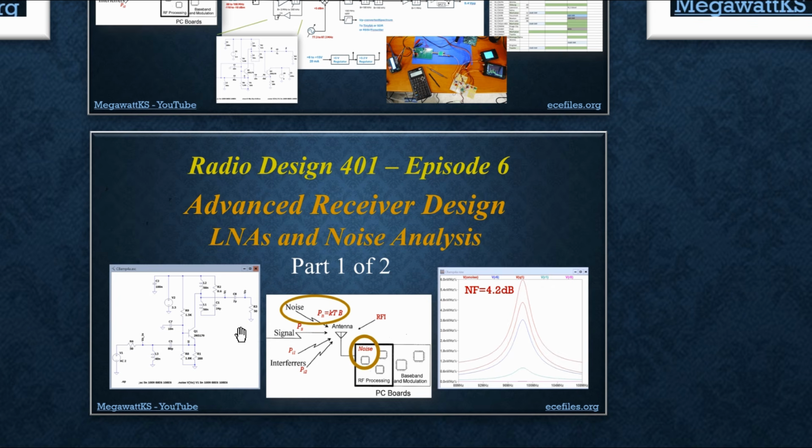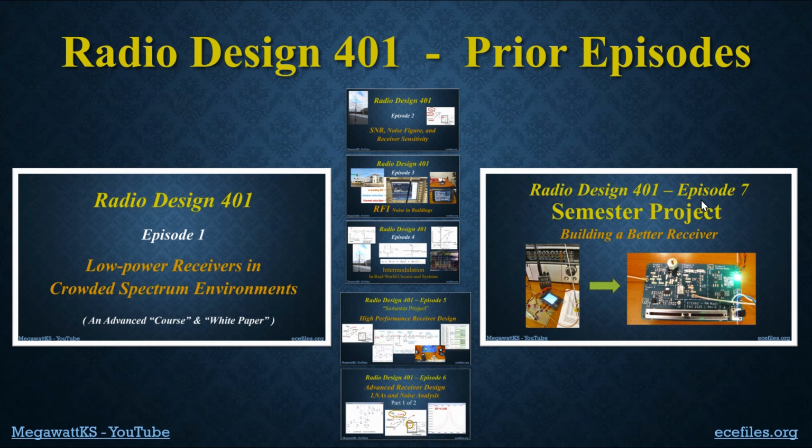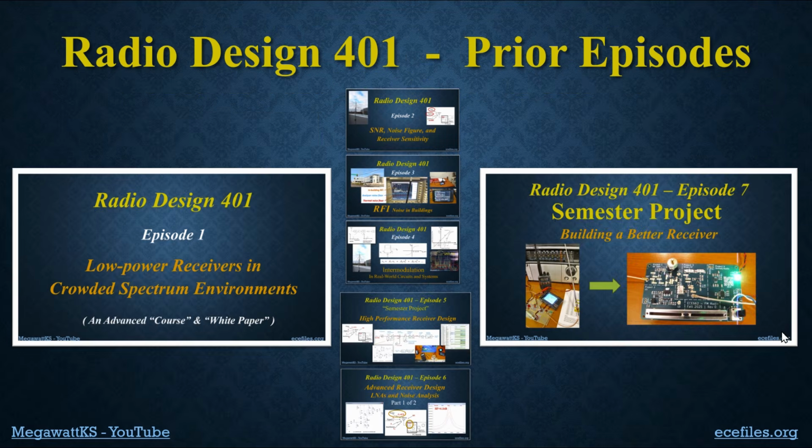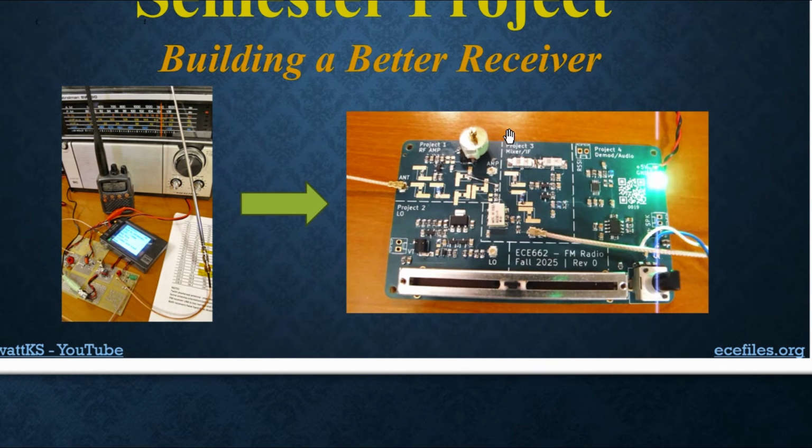So you need to understand circuit design and noise and how to minimize the noise added by the low noise amplifier. And that brought us to episode 7, the one right before this one, where we covered the architecture of the whole radio, except for the Q enhanced filter. So this one just had a tracking image filter that I tuned manually.